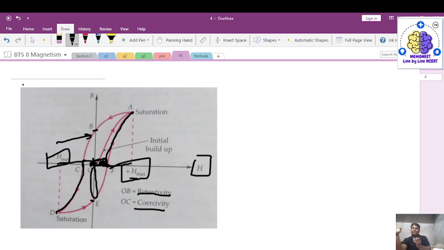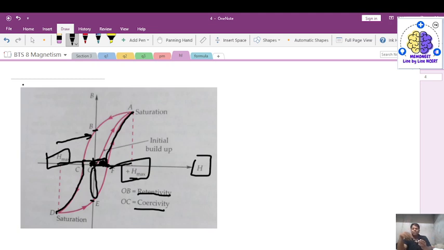Now the magnetic field is zero, and gradually I'm increasing the intensity in the opposite direction. Initially the magnetic field was from left to right; now it will be from right to left, and I'm increasing the intensity in this direction. So I have reversed the direction of the externally applied magnetic field, that is the magnetizing field.